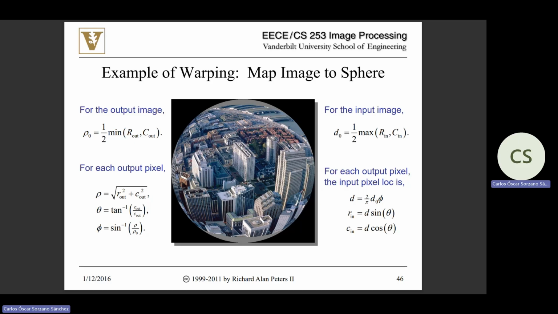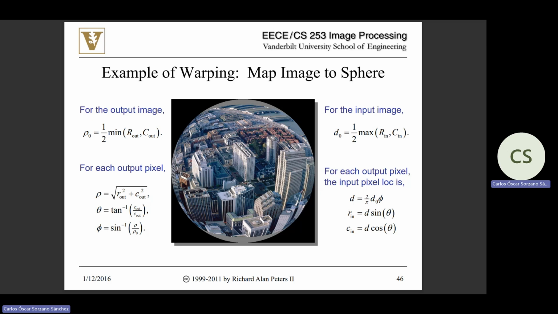The way to do that would be the following. First you have to define a few parameters. You have R out and C out, the number of rows and number of columns in the output image, and you define rho this way. You do a similar thing for the input image.